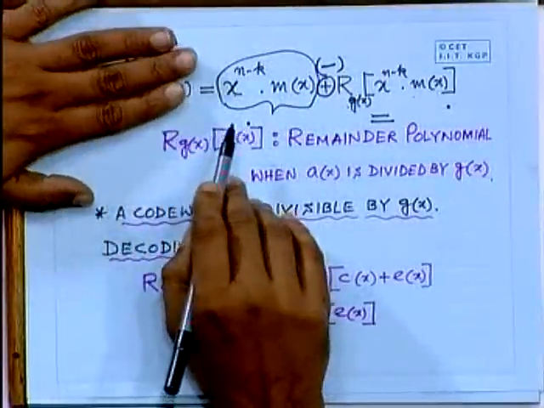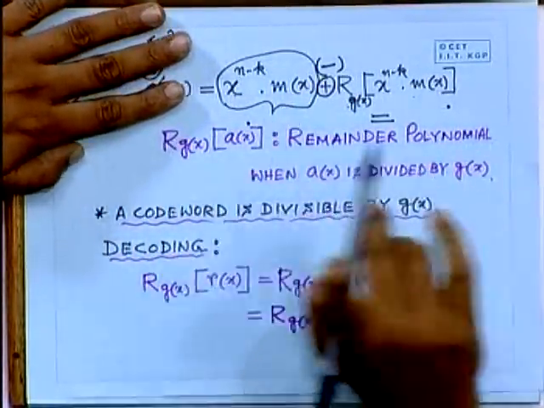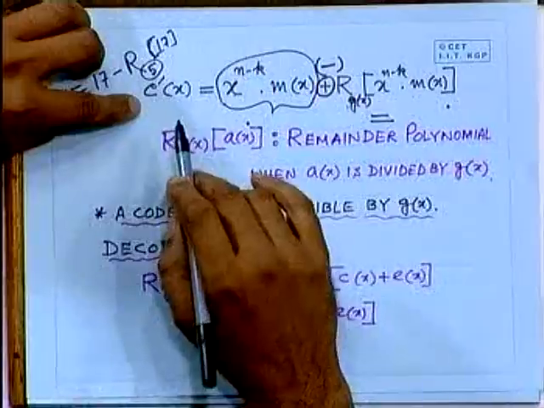Basically, the shifted version of mx was not a multiple of gx in general. So I am forcing this whole thing to be a multiple of gx, because fundamentally the encoding rule says that any code word is divisible by the generator polynomial. Any code word in the encoding of this kind of linear cyclic block code is always divisible by the generator polynomial.